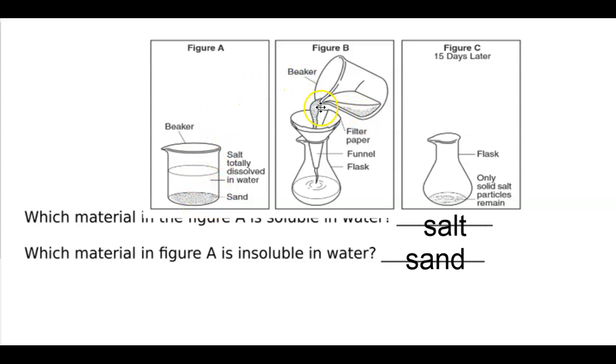They poured the sand and salt and water in through a filter. And what we get looks like this, clear, because the sand is caught. 15 days later, only salt remains. Well, the salt must have come through with the water, and then the water evaporated away, leaving just the salt. So they've separated the water, sand, and salt, but the water is now a gas in the air somewhere.